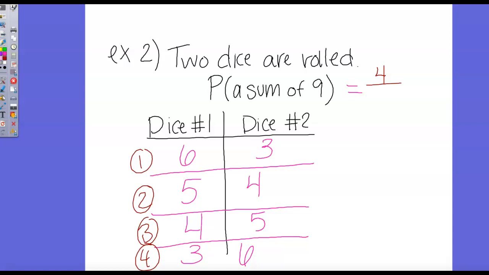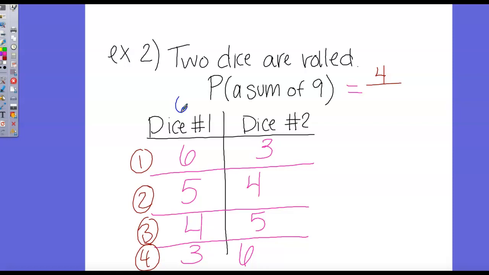Yep, 36. Think about it this way. If I have 6 options for the first die, I could roll 1, 2, 3, 4, 5, or 6, right? So if I roll a 1 on the first dice, how many options do I have to pair that with on the second dice? 6. If I roll a 2 on the first dice, how many options on the second dice? 6.